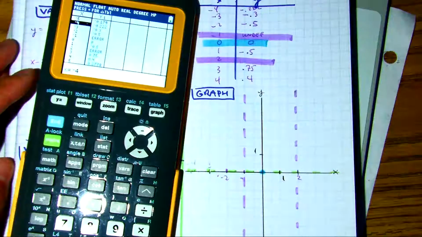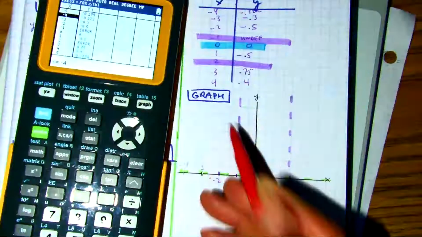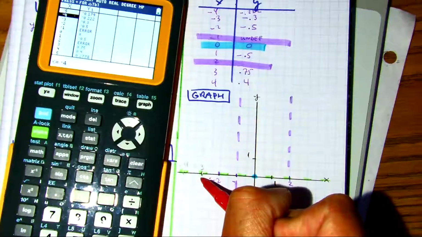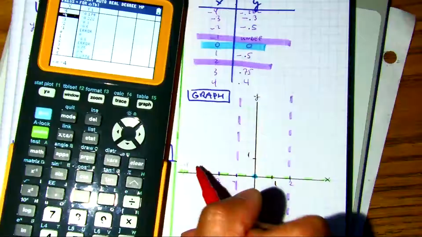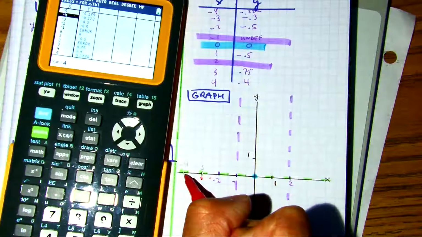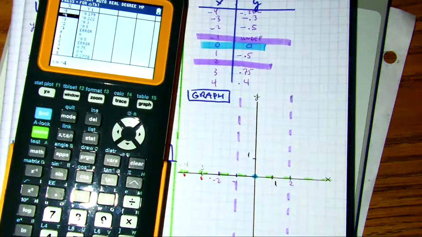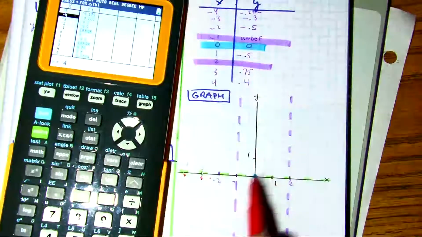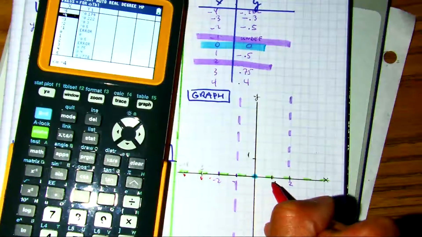Come on, mister. -3, -0.3. And then -4, -2.22. Zero, 0, we already know. 1 and -0.5.